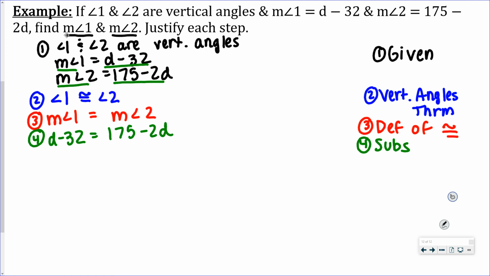And then from here, it's just algebra. So we'll do all those algebraic steps like we did in 2.6. I'm going to do this quickly because this is review. Add 2d. Additive property of equality.